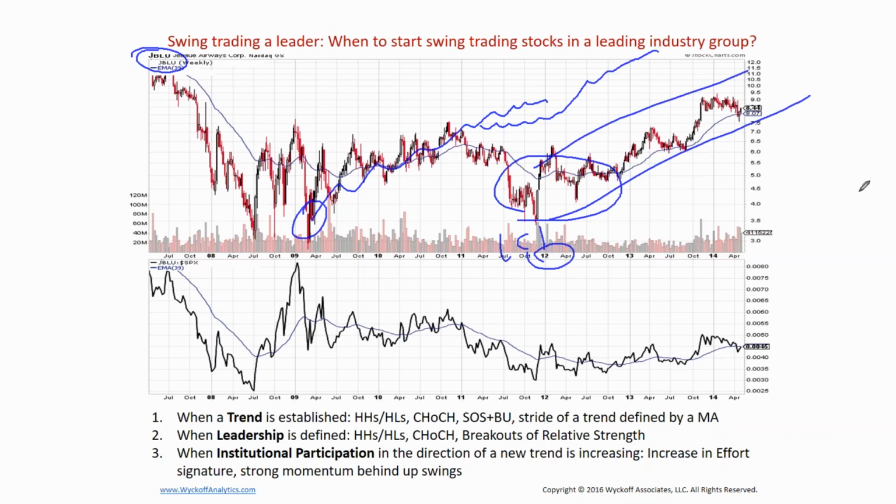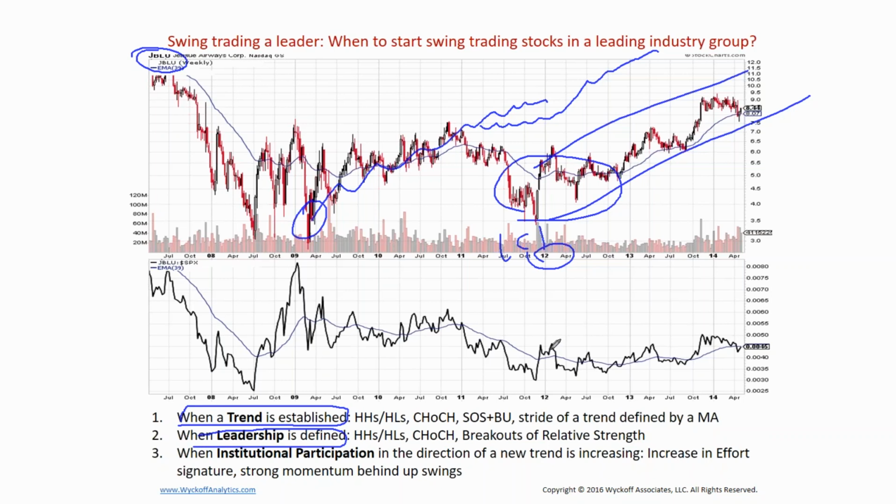So what we want to see before we start swing trading this stock, we want to make sure that the trend in the stock is established. We want to understand that the leadership is also defined, and here the leadership we are defining through the group itself, not necessarily through the stock.